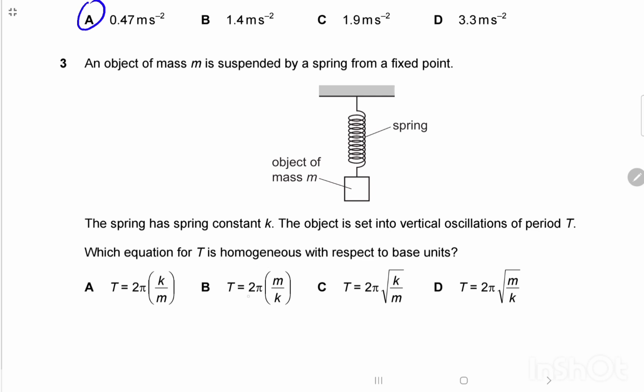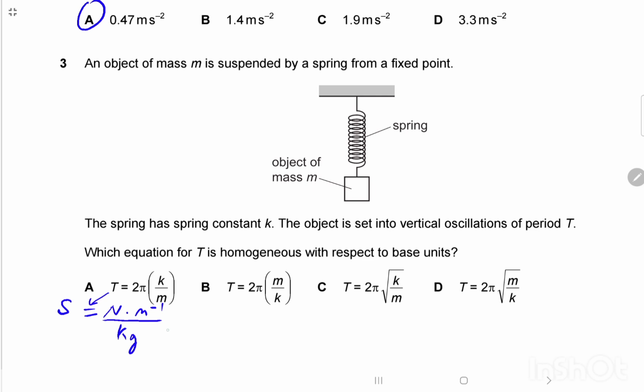In order for an equation to be homogeneous, the units on the left must equal the units on the right. Units on the left here is second, period is measured in second, is equal to 2 pi, we ignore it because it's unitless. k is the spring constant, it's Newton times meter to the power of minus 1, divided by mass, it's measured in kilogram.